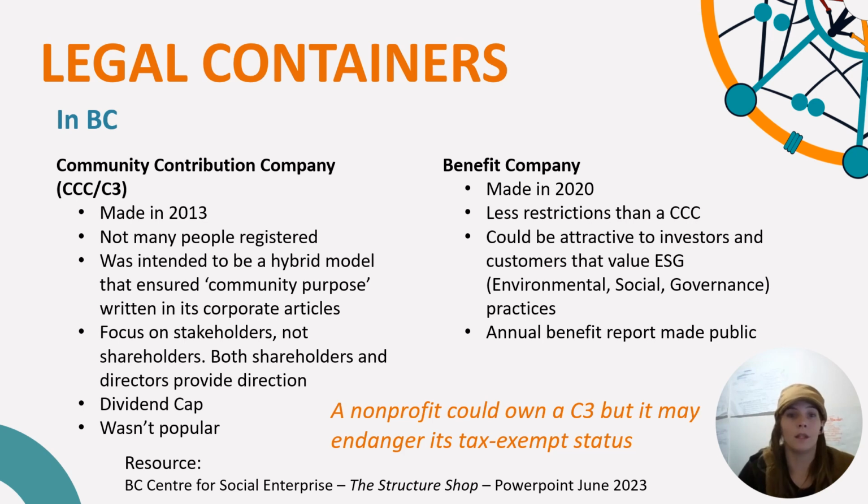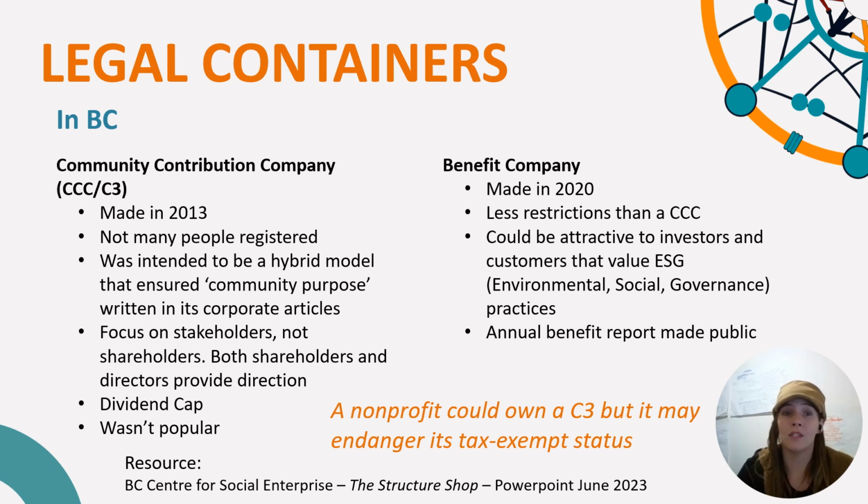So, in terms of British Columbia, these are 2 of the legal containers if you wanted to have a social enterprise and have basically corporate articles that actually make it so that you have to show you're contributing.